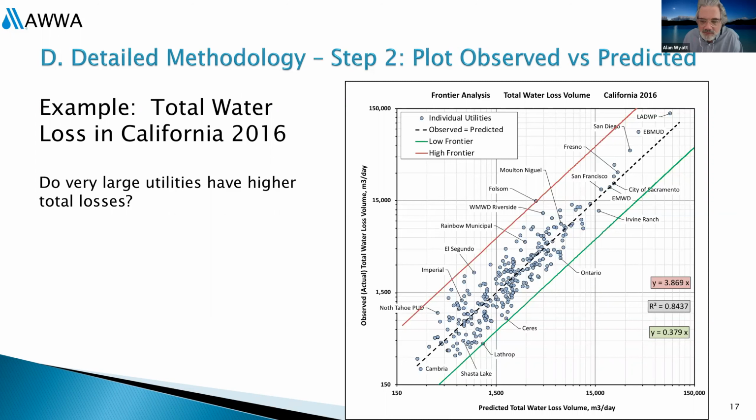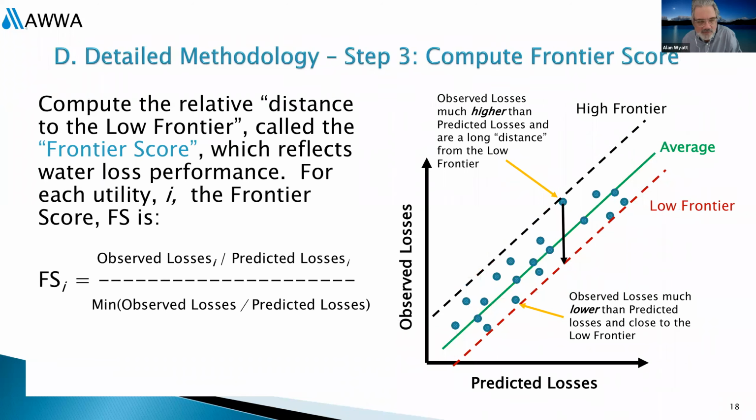All right, so that's step 2, where we determine who's above and below the average. And then step 3 is to compute what I call a frontier score, which is basically taking the ratio of the observed over predicted. So the bad performer has a high observed over predicted, and we compare that to the minimum, that is, the ratio for the best performer.